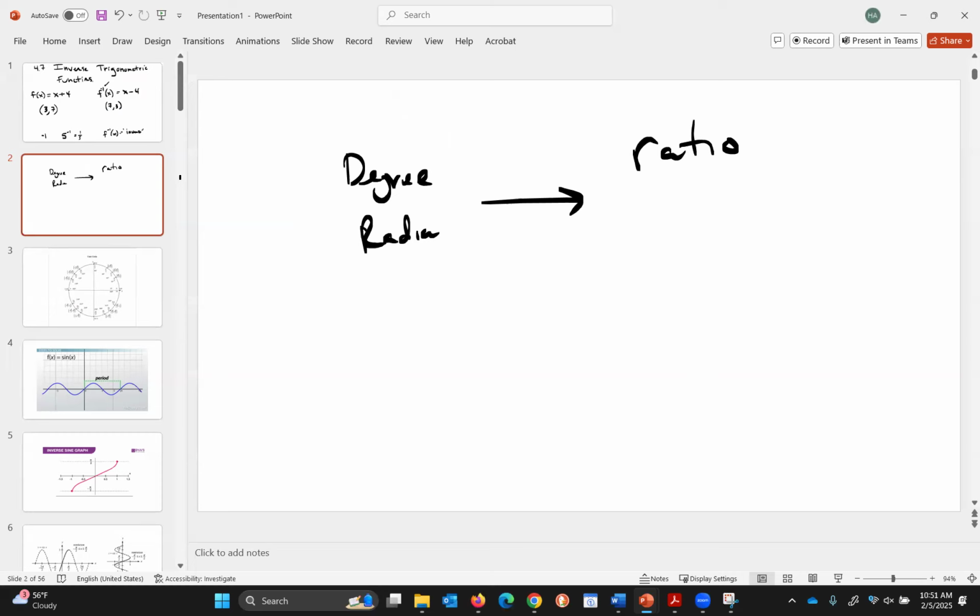An example would be pi over 4. The function is sine of pi over 4. And anybody tell me off the top of their head, what is the ratio of the sine of pi over 4? Perfect. You guys are awesome. Root 2 over 2. That is what a function does.